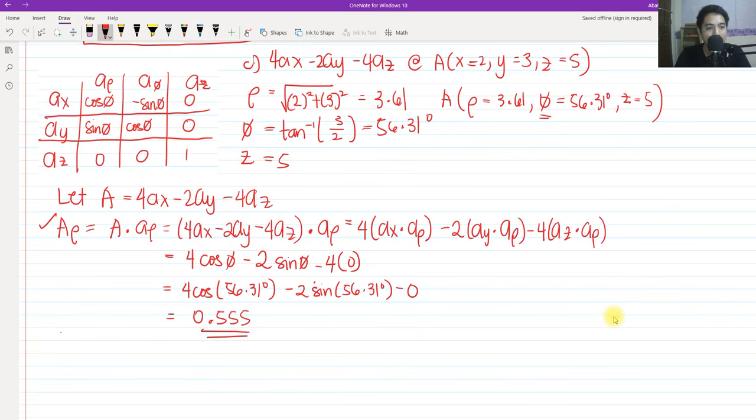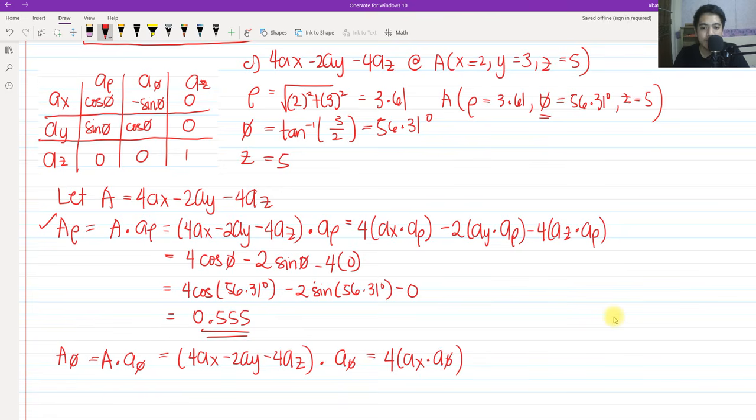Okay, so let's try A sub phi, and again that is A dot product by a unit vector A sub phi. So we have A dotted by A sub phi. So that becomes 4ax minus 2ay minus 4az dotted by A sub phi. So we have 4a sub x dotted by A sub phi minus 2 a sub y dotted by A sub phi and then minus 4 a sub z dotted by A sub phi.